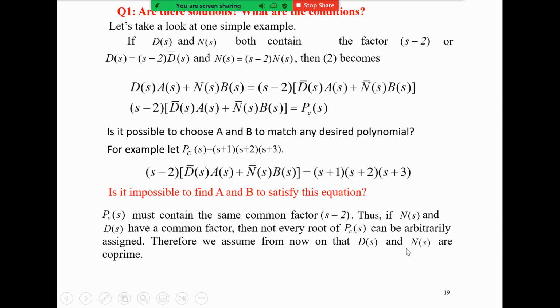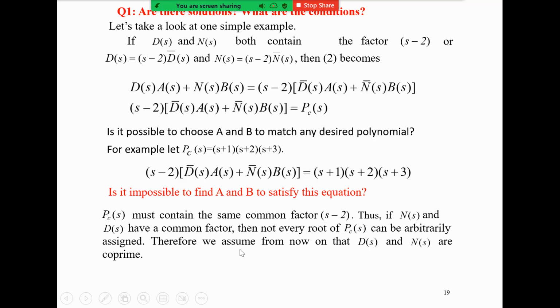So therefore, we can conclude if N and D have a common factor, then not every root of the closed loop polynomial can be arbitrarily assigned. Which means the root corresponding to that common factor cannot be changed by the controller.